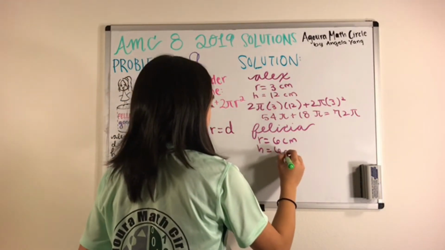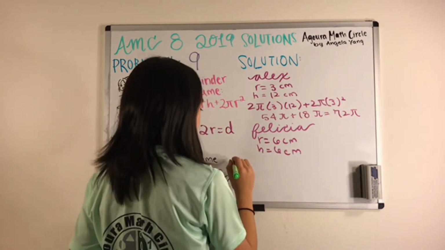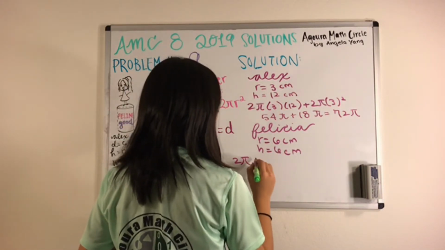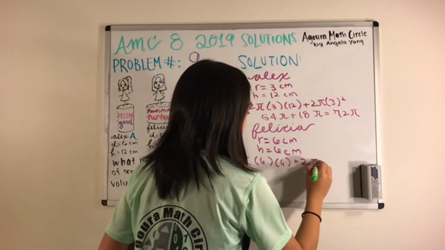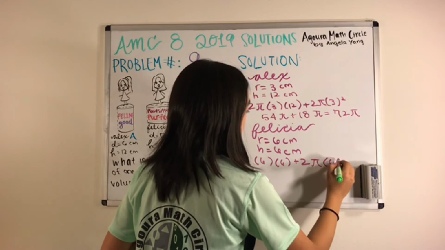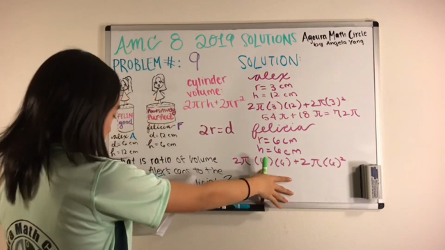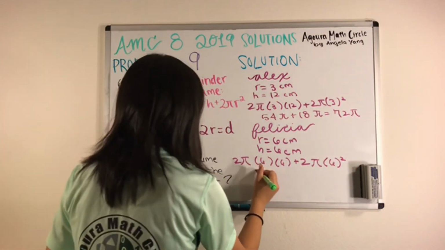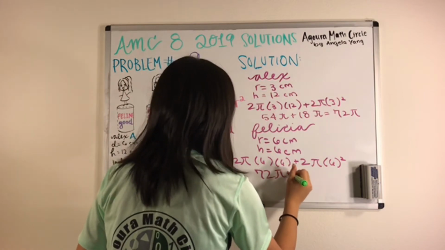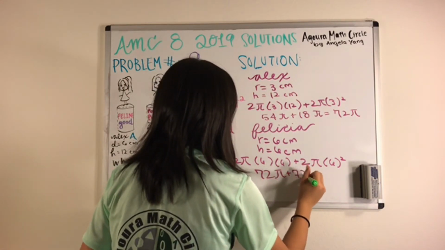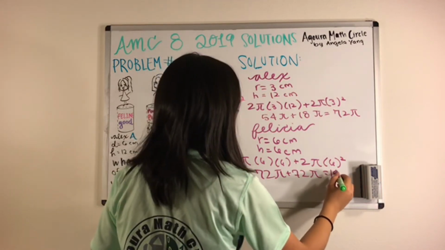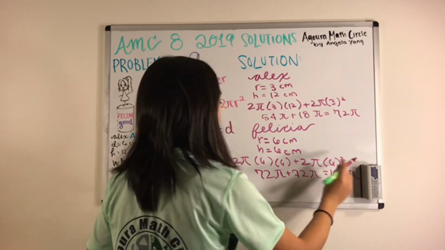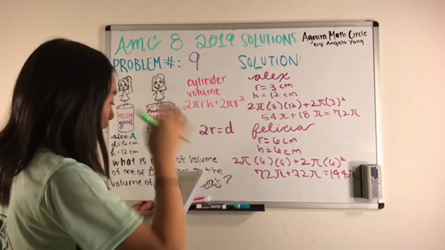And then when we substitute this in, we get 2 pi times 6 times 6 plus 2 pi 6 squared. And if you simplify this out, you get 72 pi plus 72 pi, which gives you an answer of 144 pi. So that's the volume of 1 can of Felicia's cat food.